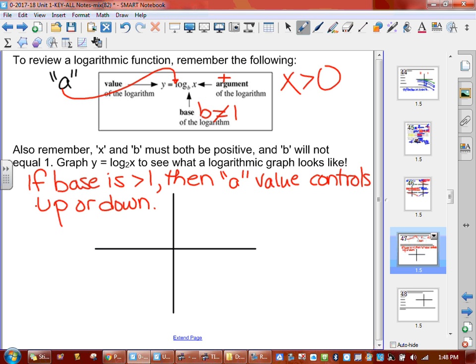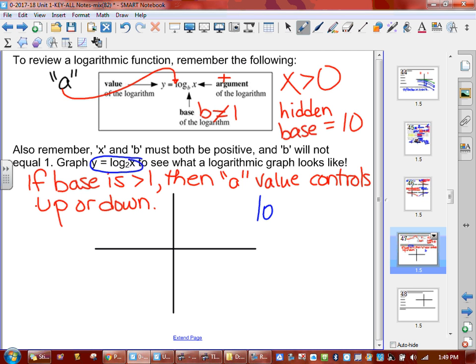So, we are going to put our log graph in the calculator. If you've got log base, you're going to graph that. If you don't, in your y equals, you're going to type in log x in brackets divided by log 2 in brackets. That's how you have to type it in.